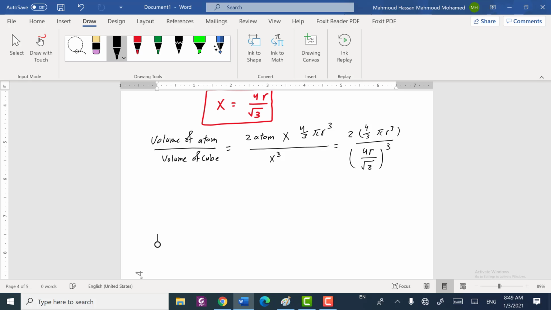If we simplify it, we'll find it equals 0.680.